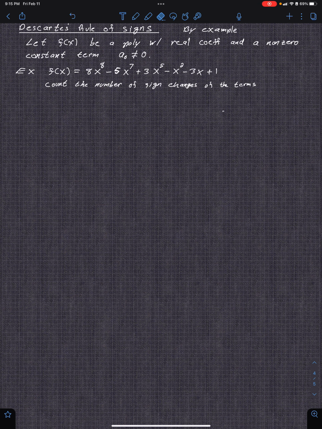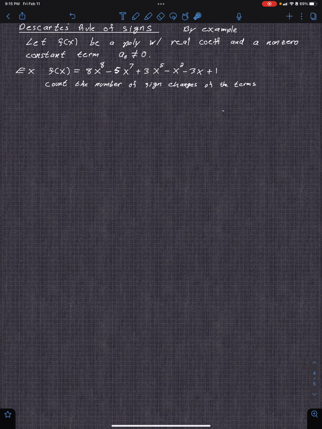What you do first, and this is the process you go through, is count the number of sign changes from term to term. Generally you do this in descending order, although it wouldn't really matter.